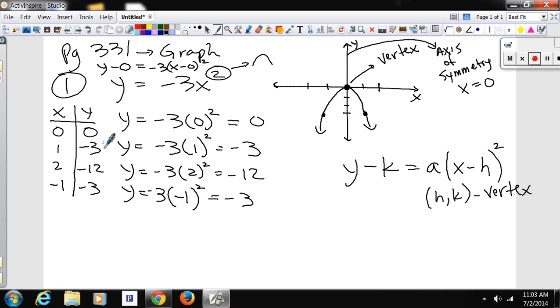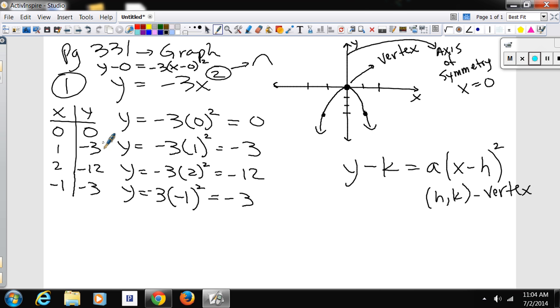If I do x minus 0, is that still x? Okay, so do you notice that this is a 0? This is a 0, and what was my vertex? (0, 0), right? 0 would solve this, so (0, 0) would be your vertex. And your axis of symmetry then is going to be x equals 0. Whatever the x is in our vertex is going to be the axis of symmetry.